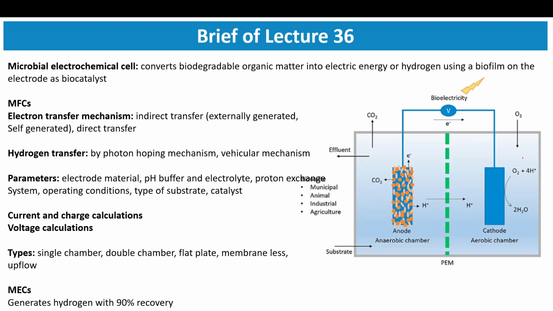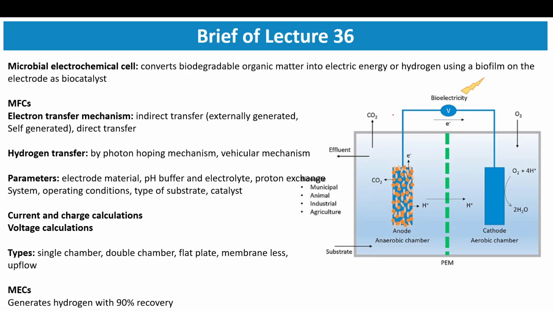So it travels, and the redox reaction required on both anode and cathode forms a complete circuit. This H plus will combine with the oxygen taken up from the atmosphere and form water.